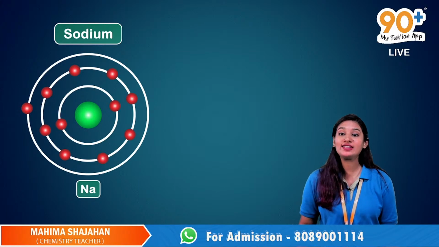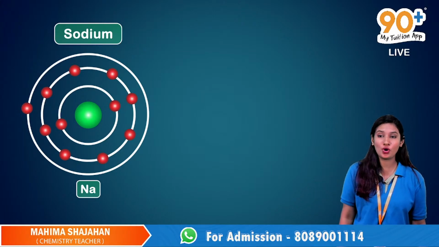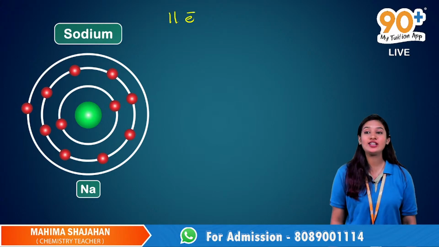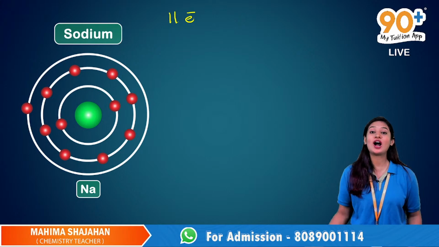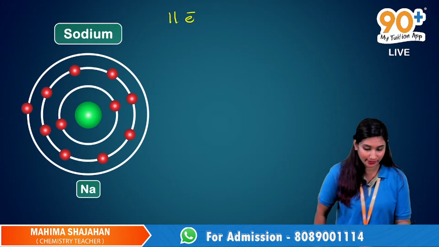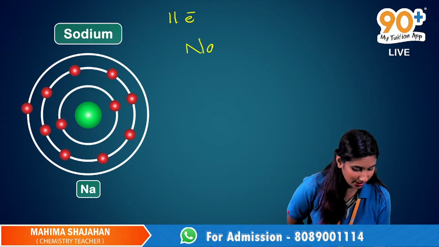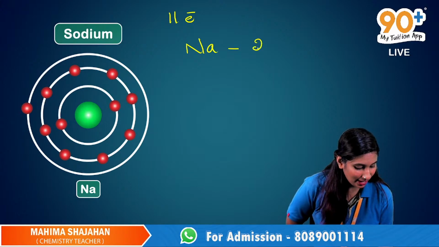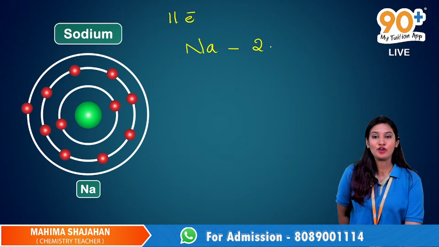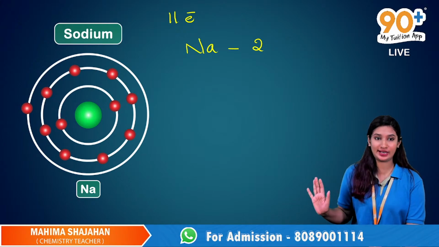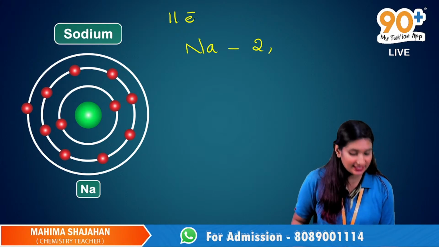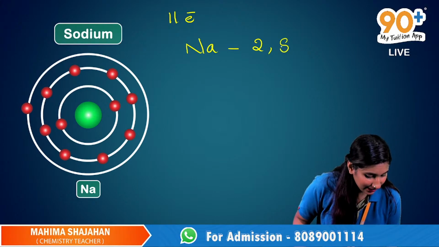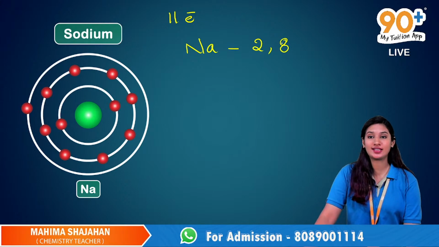When you write the electronic configuration of sodium, it has got 11 electrons. So, how will these electrons get filled? Sodium is Na, right? In the first shell, it will have 2 electrons. Then, in the second shell, 8 electrons.